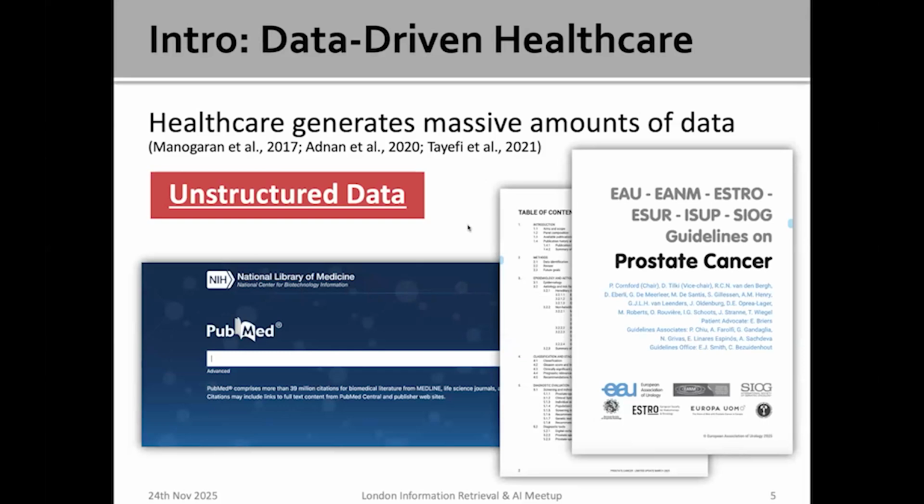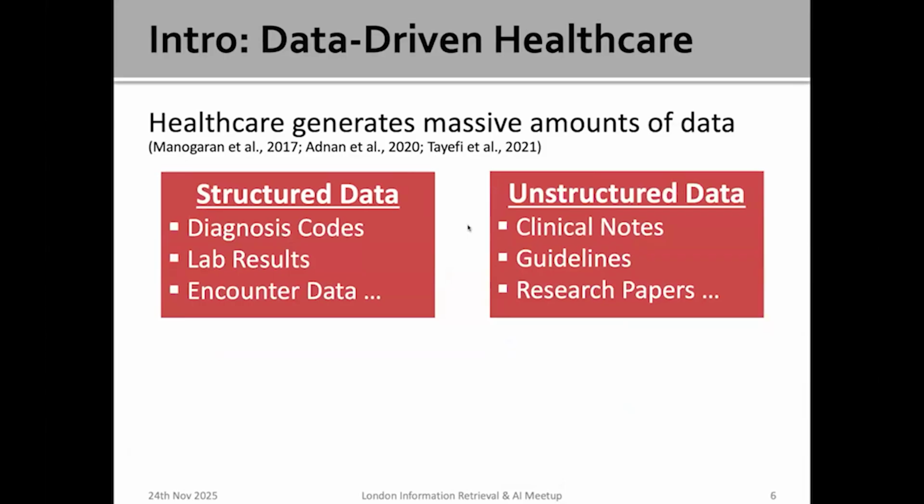And we also have other types of unstructured data like clinical notes or discharge notes. So mainly textual data, we can say. And to summarize, these are our two pillars of data that we can use for our data-driven healthcare approaches. And again, some of the examples I already introduced to you.